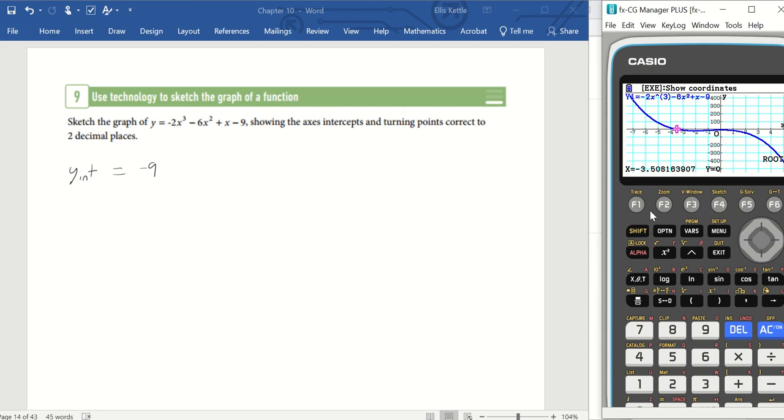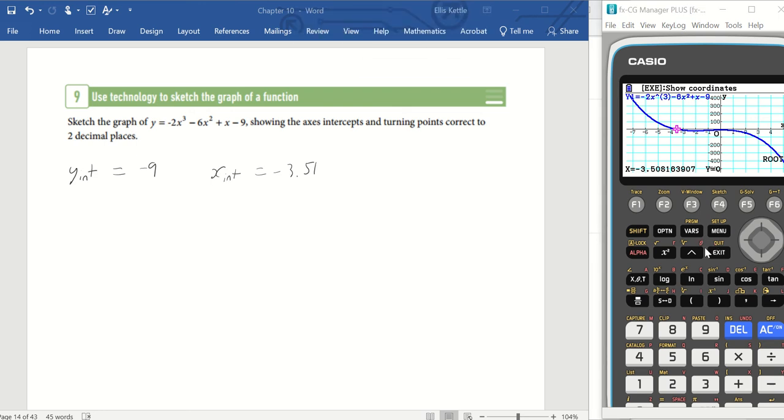And you can see we've got one at negative 3.51. And we can push the right arrow to see if there's any others. And in this case, it appears that that is the only x-intercept.